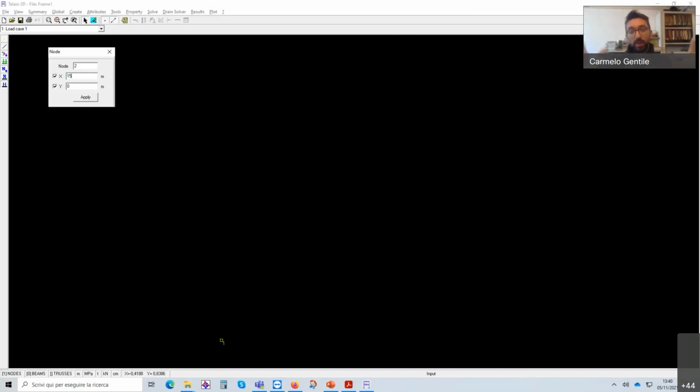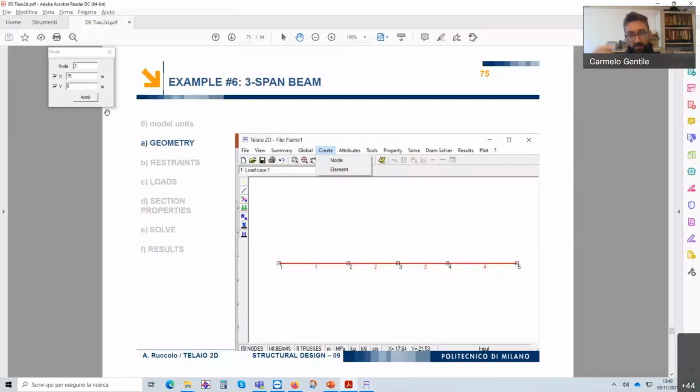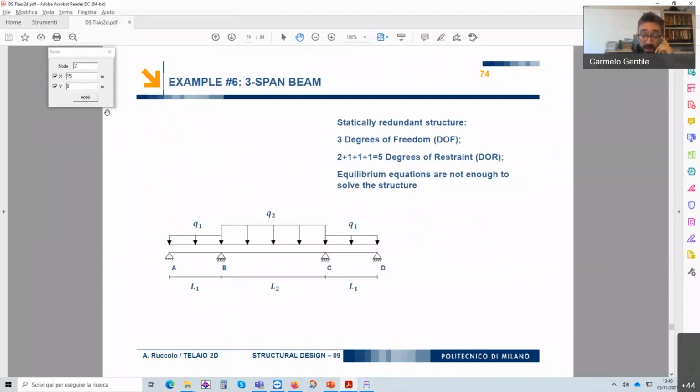Obviously, usually you find this kind of structure when you are crossing a highway, because all the bridges that you see crossing highways have this static behavior.